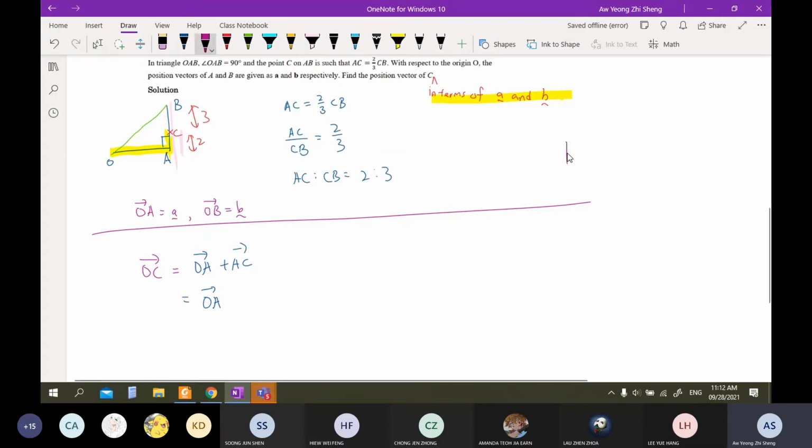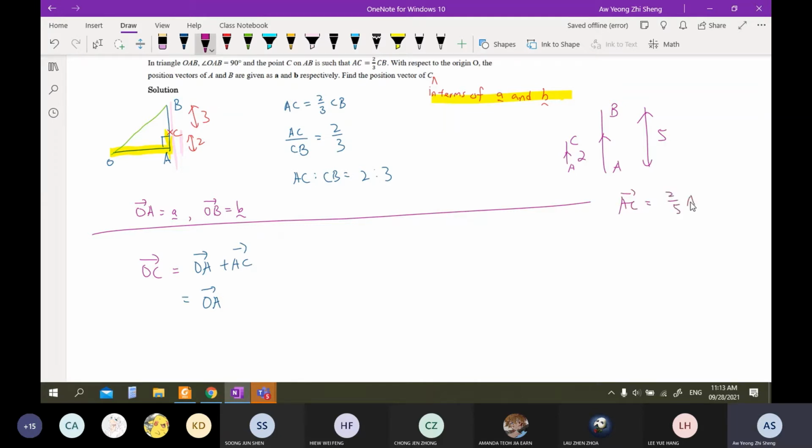So we know AC goes this way. AB is just AC extended to a longer length. If AC takes 2 portions, and CB takes 3 portions, so overall AB will take 5 portions. So in other words, AC will be 2 over 5 of AB.